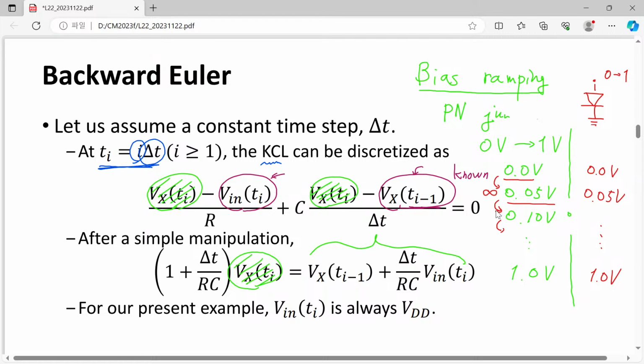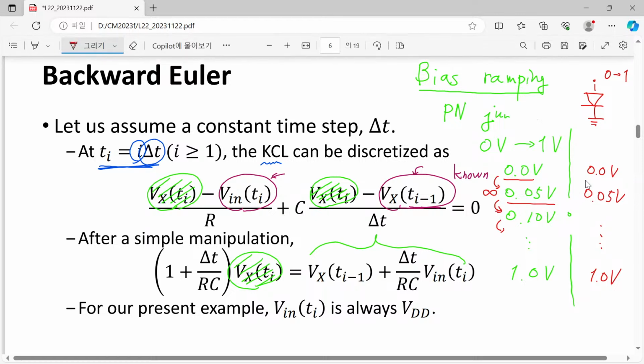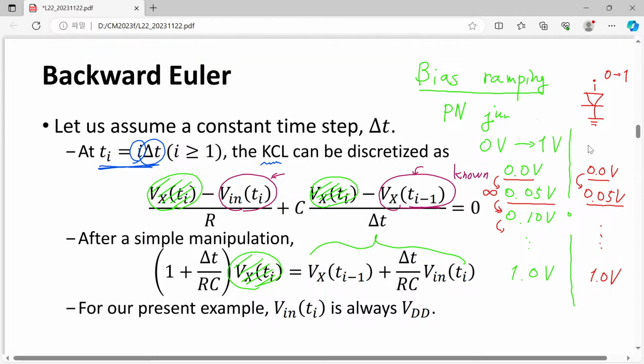However, in this case, although we follow the same voltage steps, there is always a certain time difference between 0 and 0.05 volt. So if this time difference is short, then there will be a certain contribution from the time derivative term.